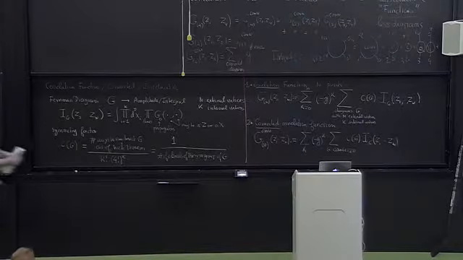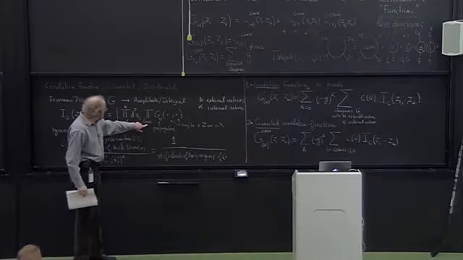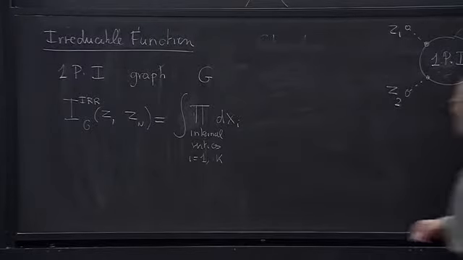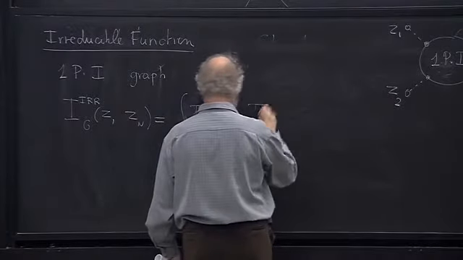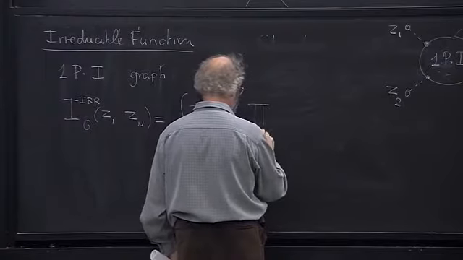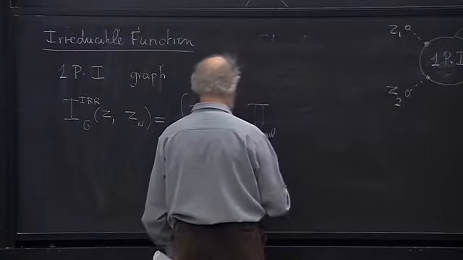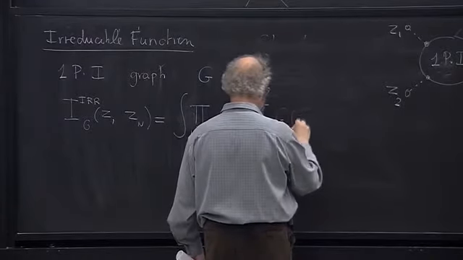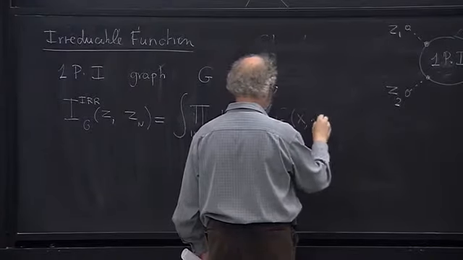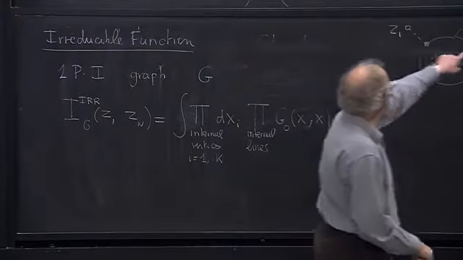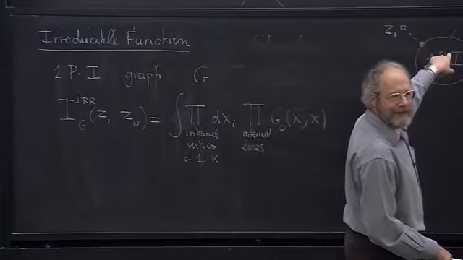I'm going to associate to the internal lines the propagators, products over the internal lines G naught of x from x, because the internal lines joins internal vertices to internal vertices.